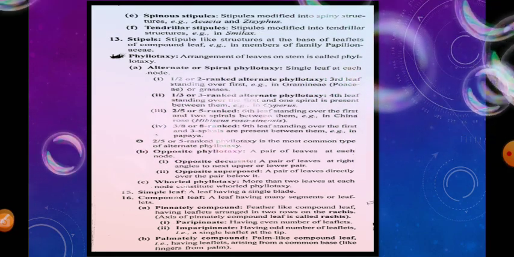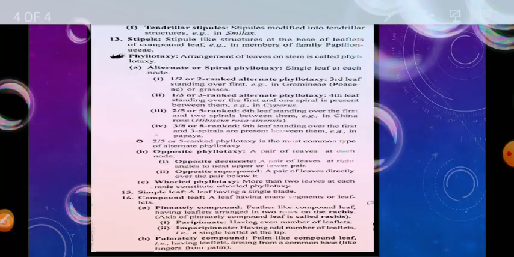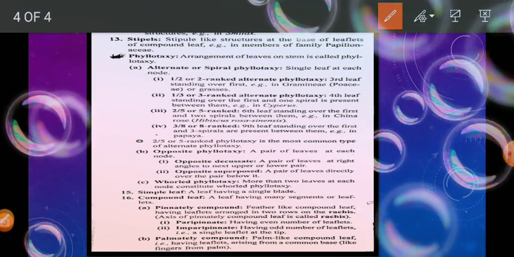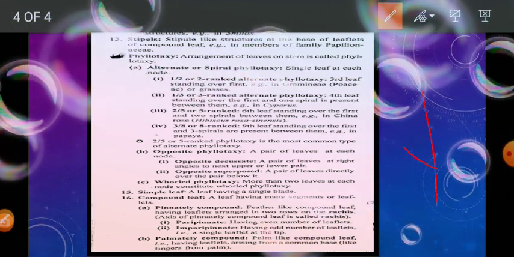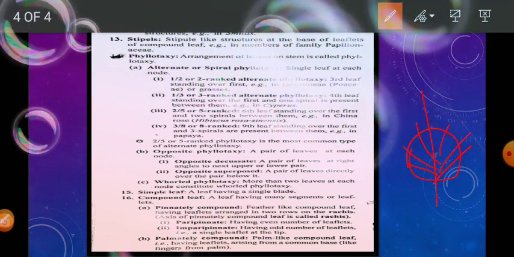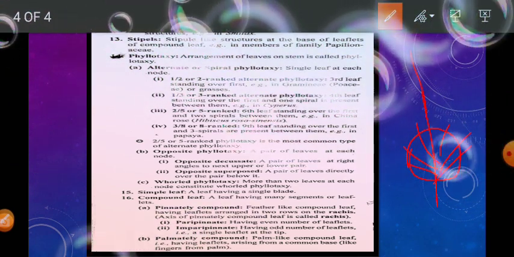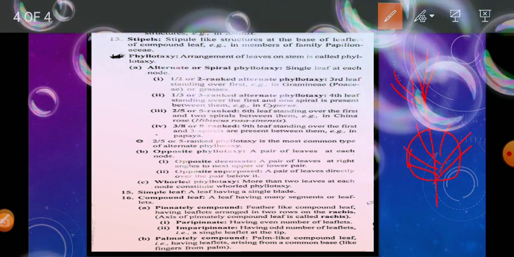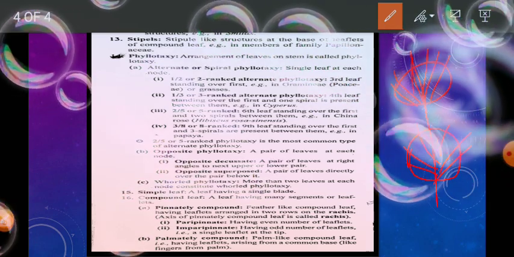In whorled phyllotaxy, you can see many leaves combine at a single node, creating a bunch-like or whorl-like structure. This is known as whorled phyllotaxy. A simple leaf has a single blade.